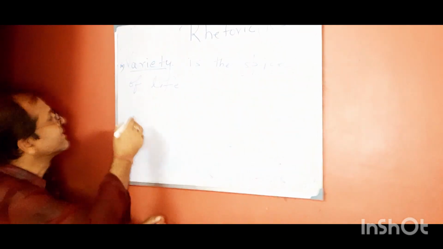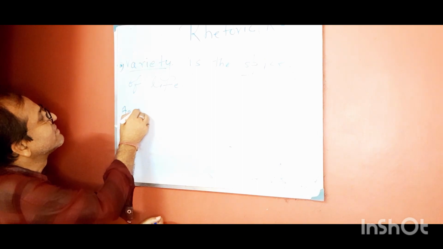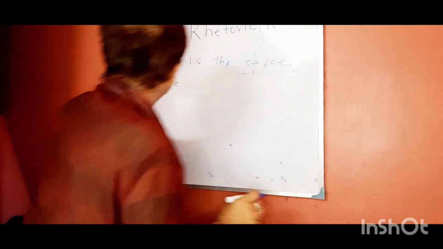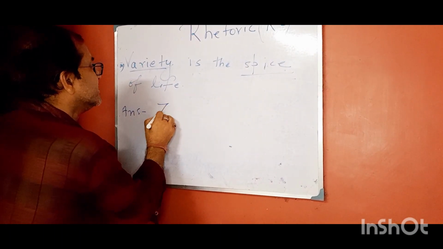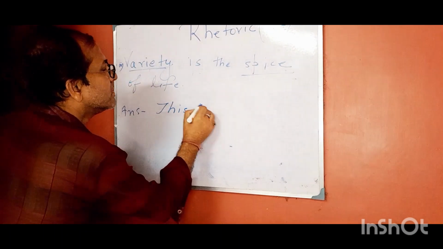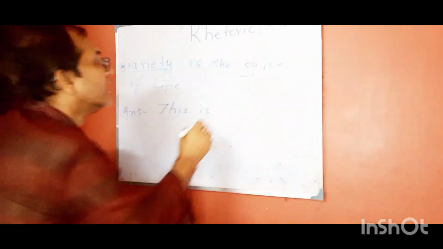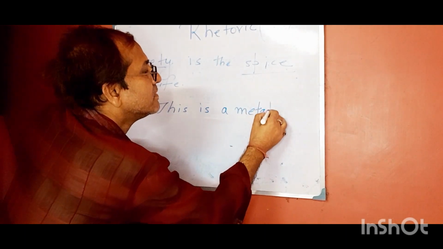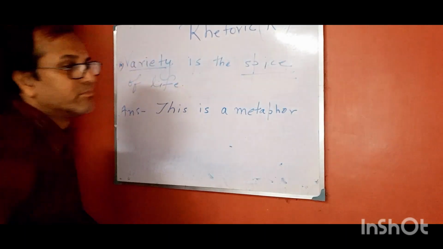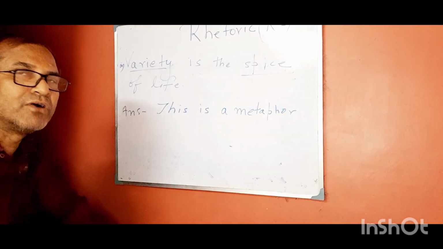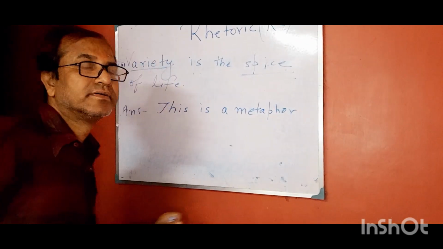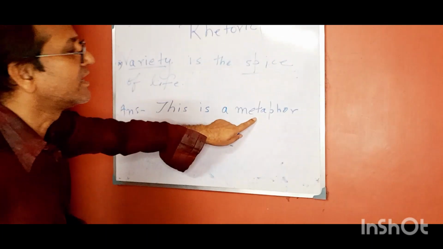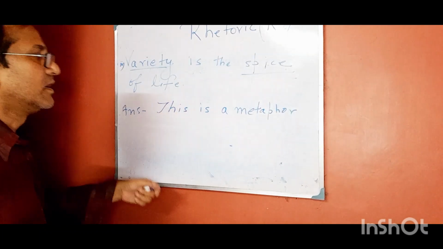I am again writing because some of the students are still struggling to make the meaning. This is a metaphor. I am writing in another one. Metaphor. This is pronounced metaphor.